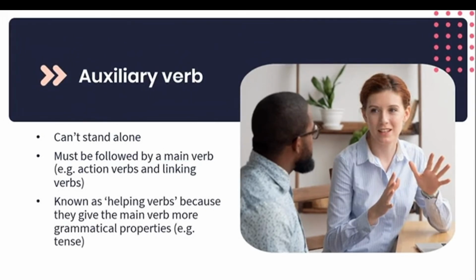For example, they can give the sentence tense. We will learn about tense later in this module, so we won't go into too much detail about auxiliary verbs for now.